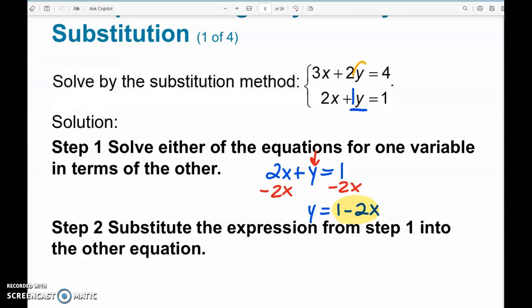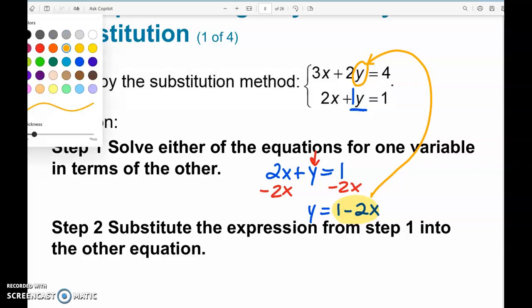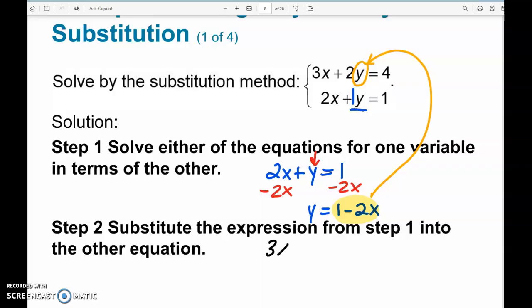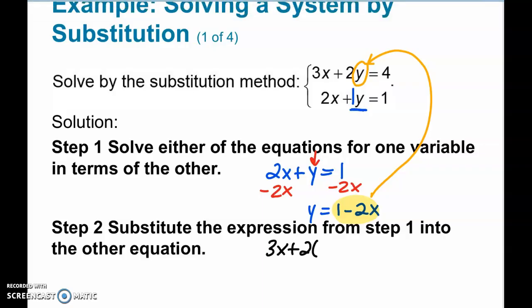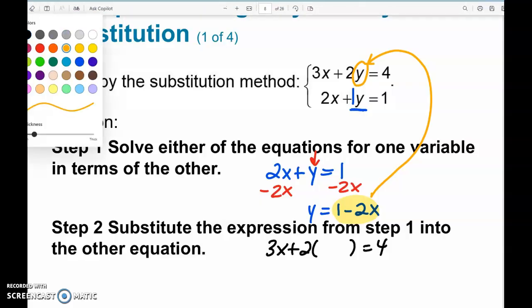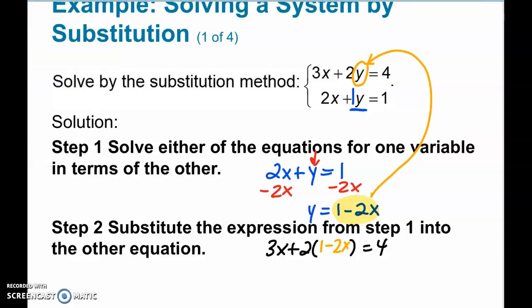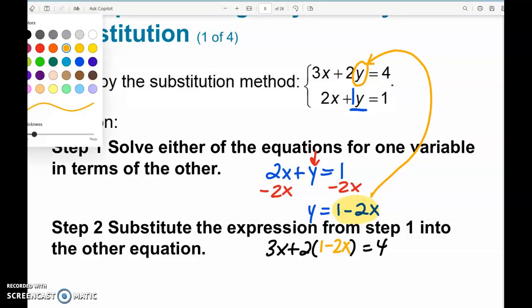So here's the other equation. It's the first one. And in place of y, I'm going to put the expression 1 minus 2x. So let's write that out. So I have 3x plus 2y, but instead of y, I'm going to substitute in 1 minus 2x.